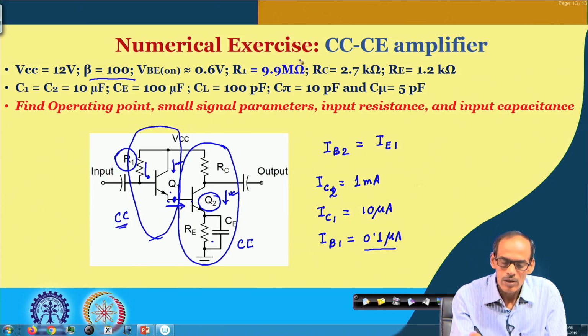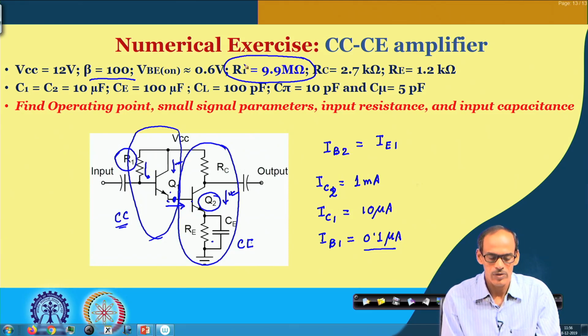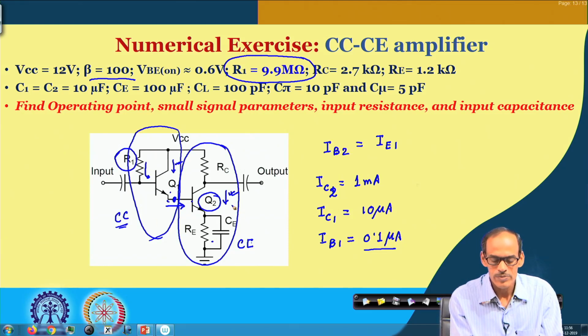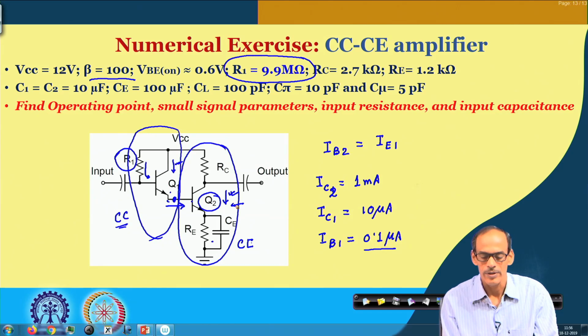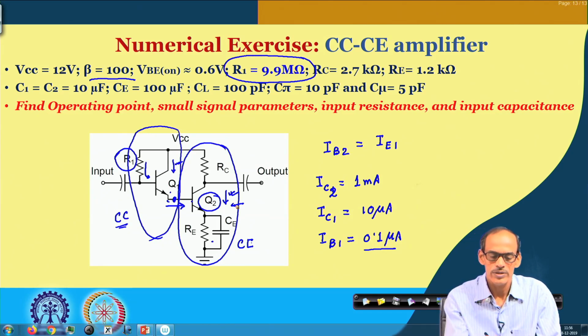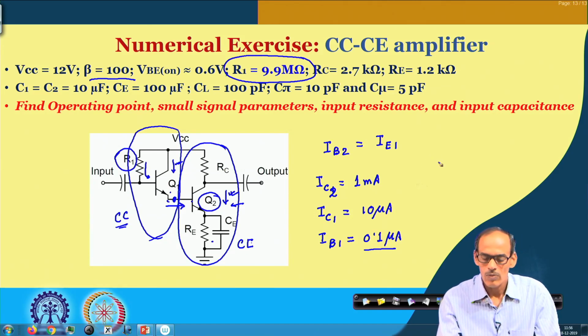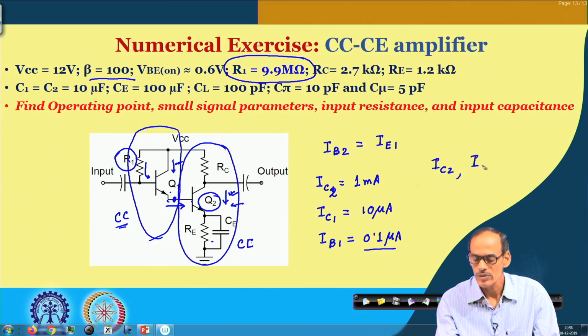So, if you put a value of even close to 10 mega ohm, you will see that the corresponding current here will be quite high. But whatever biasing condition you get with this one, you can find what IC2 and then IC1 are, and from that you can calculate R pi 2 and R pi 1.